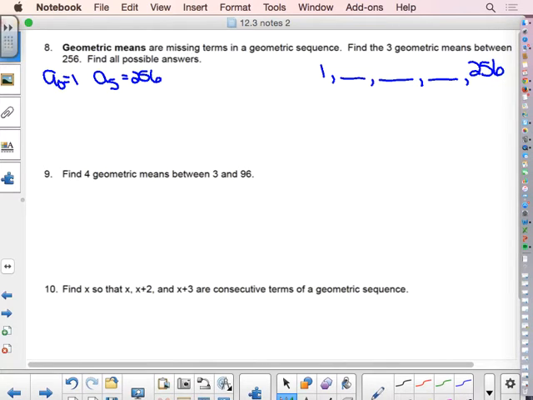So if I look at my formula, a sub n is equal to a sub 0 times r to the n. I know 256 equals my a sub 0, which is 1, times r to the 4th, since I'm looking for r, and that is the 4th term.